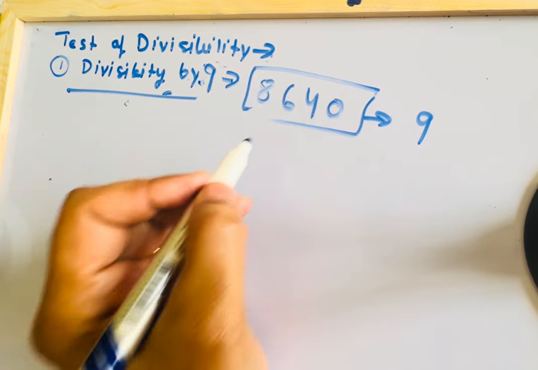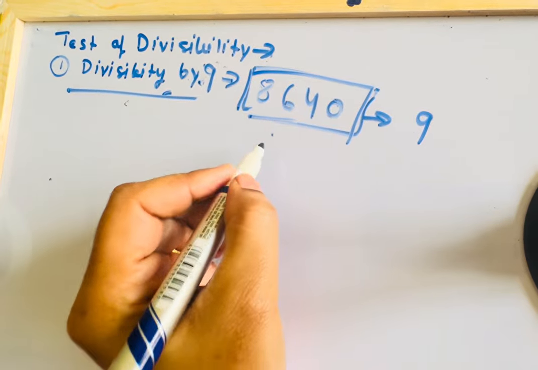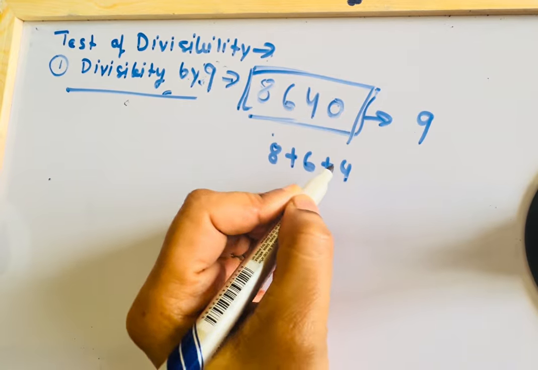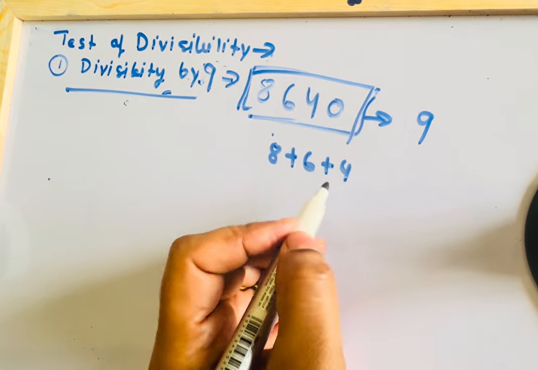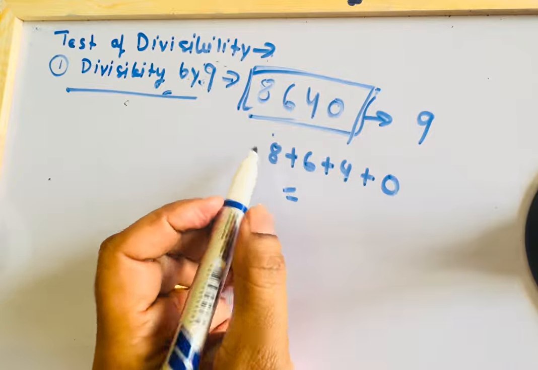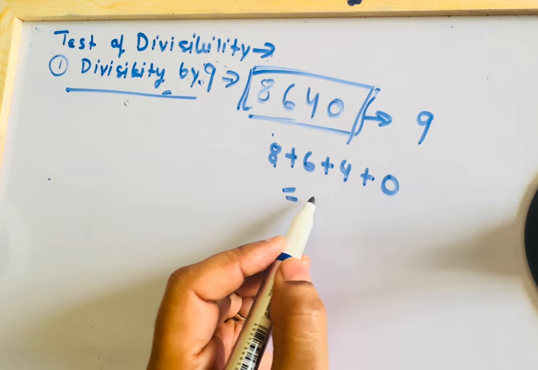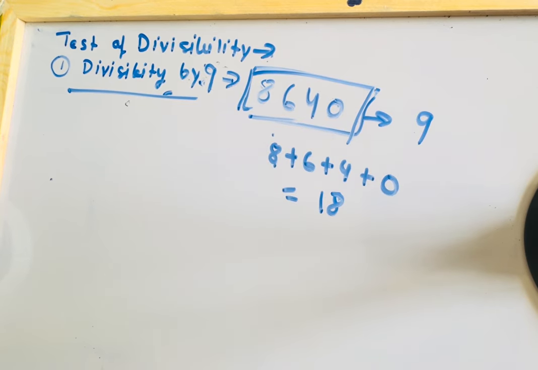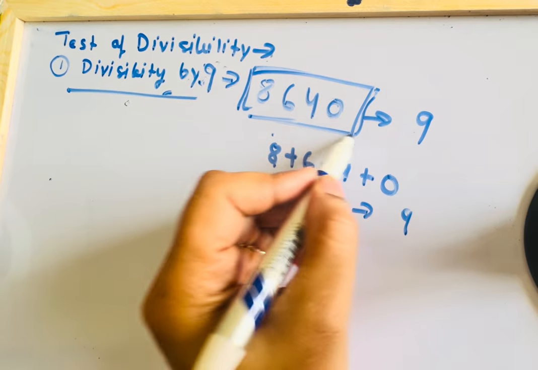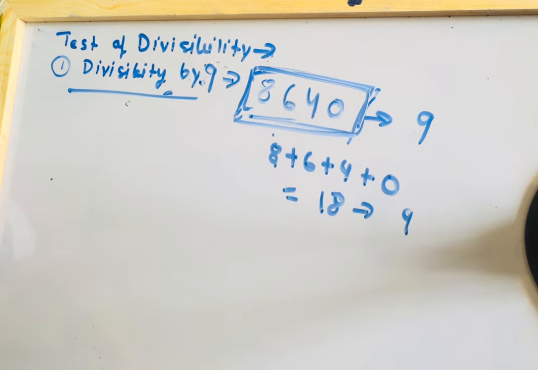Then how to check? Sum of its digits. What is the sum of all digits? 18 is divisible by 9. It means that number is divisible by 9.